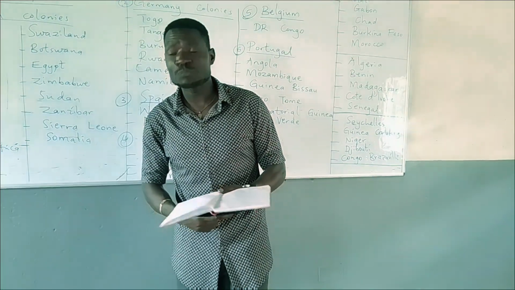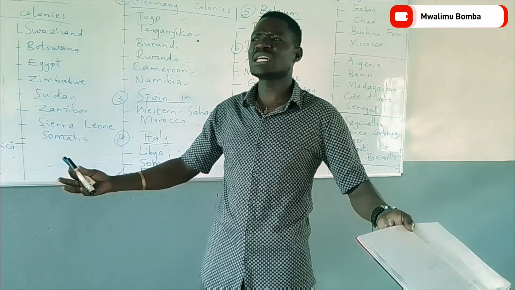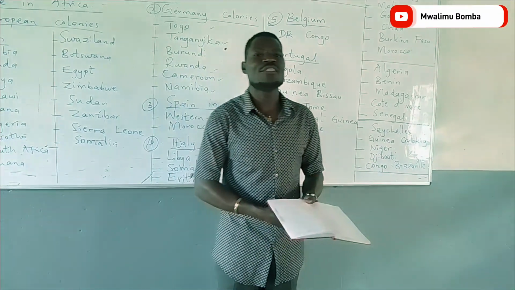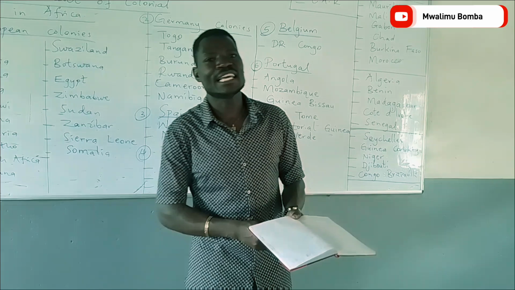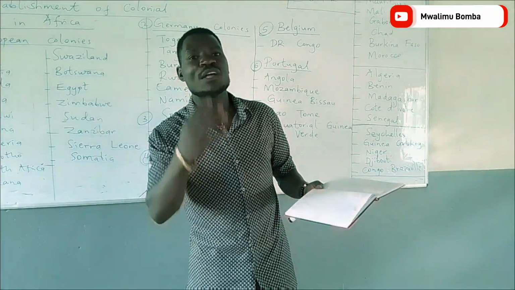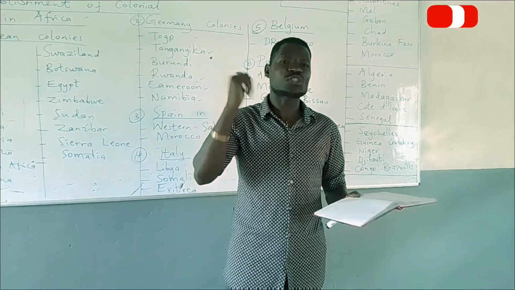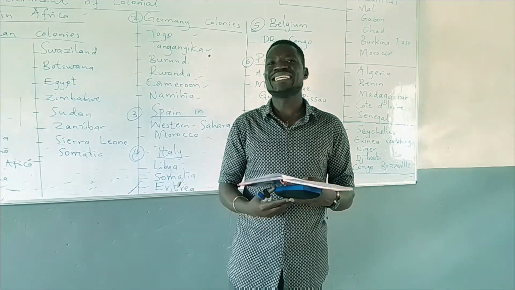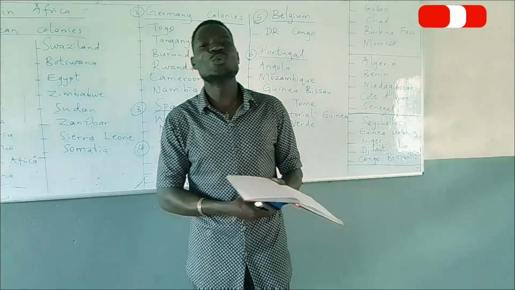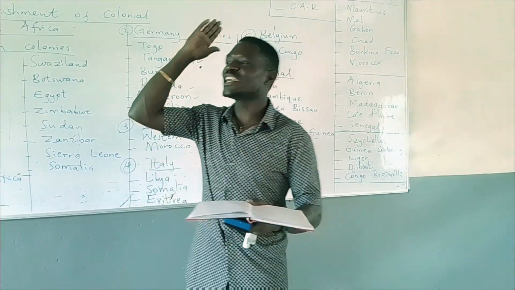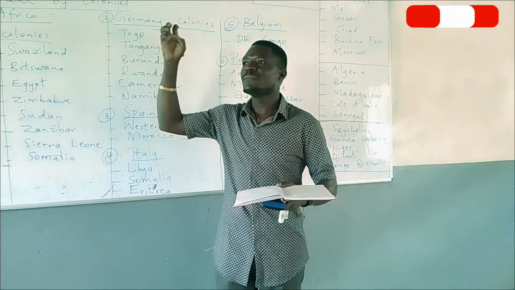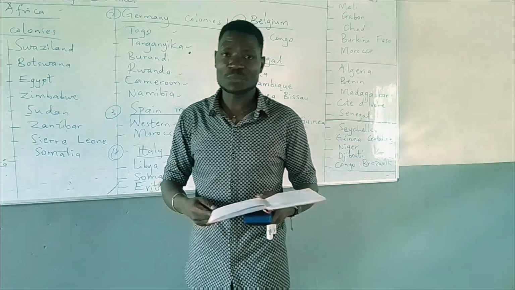Those are a few reasons. Now, during those years, you remember 1884 to 1885, the Berlin Conference was held in Berlin, Germany. It was headed by Otto von Bismarck, to come up with the rules and terms that would control the European powers as they took colonies in Africa.